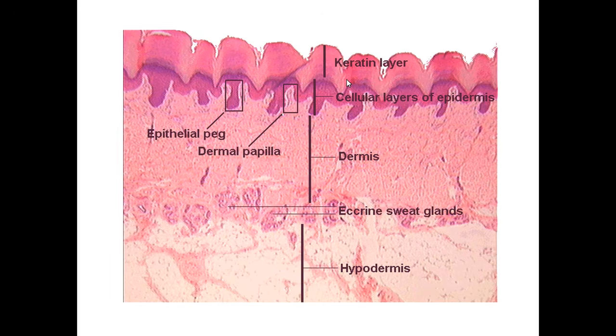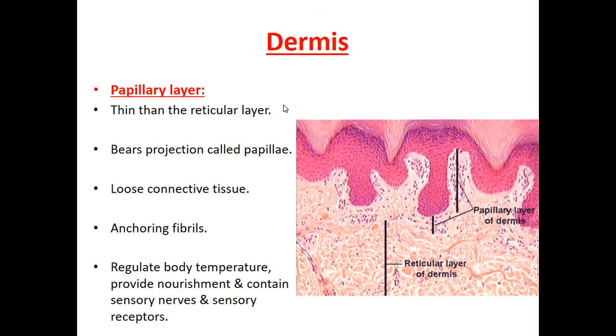Here in this diagram we can see the different layers: the superficial keratin layers, then the cellular layers of the epidermis, then we come to the dermis. Below that are the eccrine sweat glands, and the innermost layer is the hypodermis. Again, the dermis contains the papillary layer, which is thinner than the reticular layer and bears projections called papillae. It contains loose connective tissue and anchoring fibrils, regulates body temperature, provides nourishment, and contains sensory nerves and sensory receptors as well.